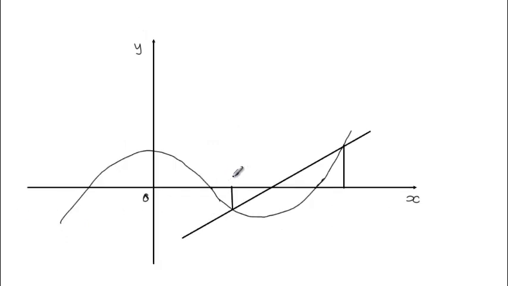Let's say we've got A and a B there. Likewise, we're going to have here B, comma, f of B, a point on the curve, and there we're going to have A, comma, f of A, also a point on the curve of the function y equals f of x.